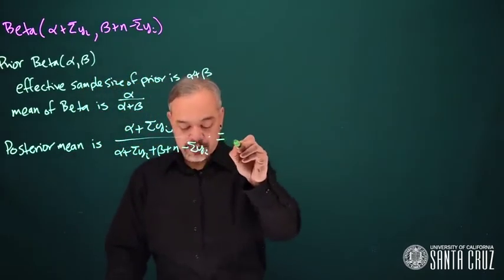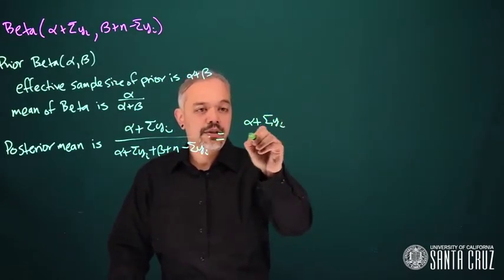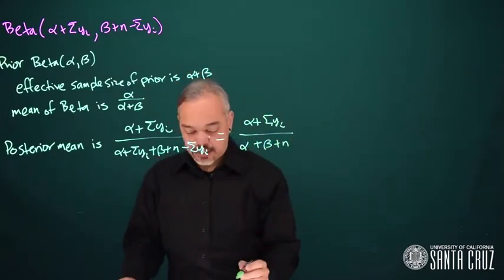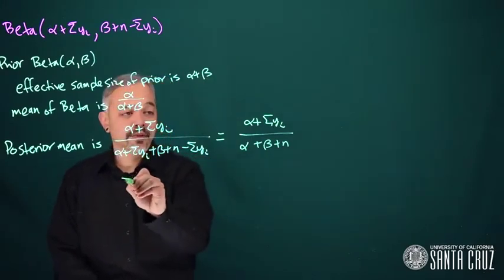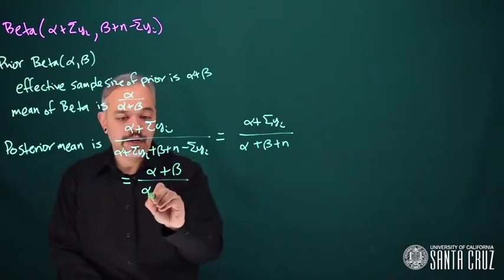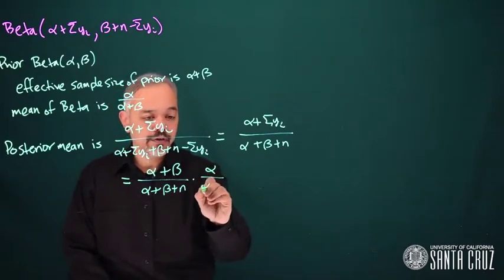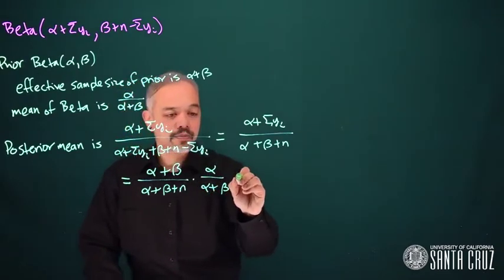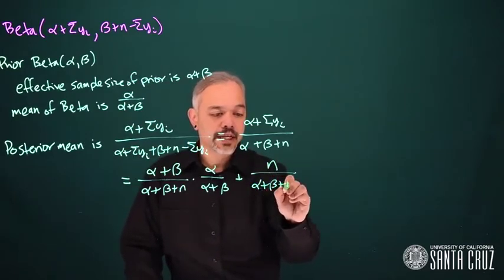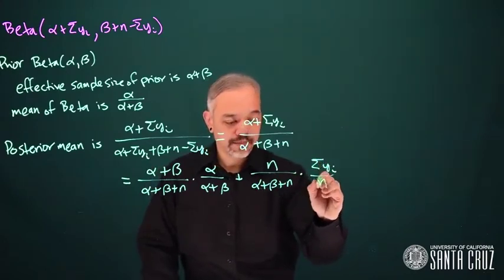We can then write this, simplifying, as alpha plus sum of the y sub i's over alpha plus beta plus n. This can further be decomposed as alpha plus beta over alpha plus beta plus n times alpha over alpha plus beta, plus n over alpha plus beta plus n times sum of the y sub i's over n.